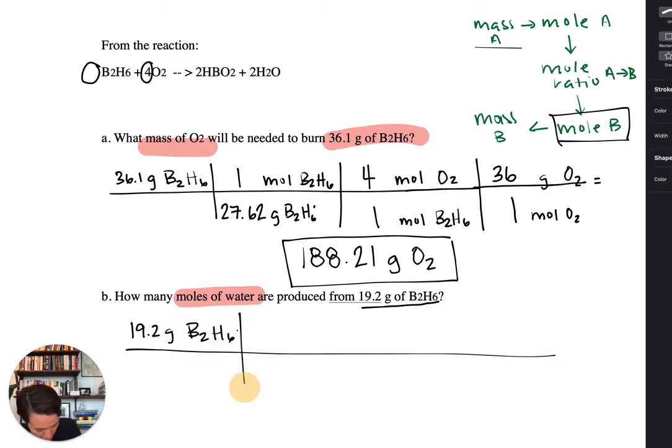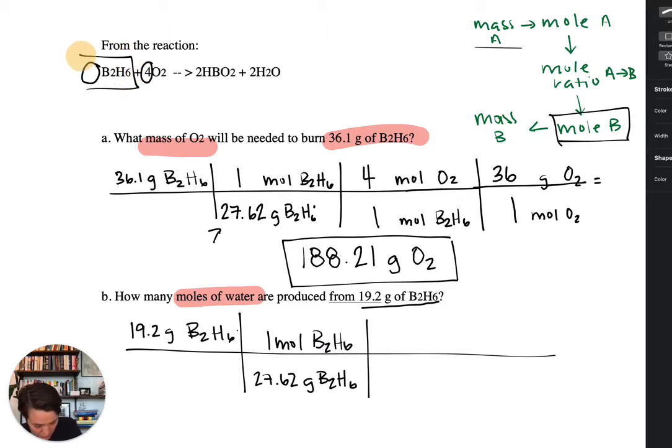And now we'll do it stepwise, right? So we know from solving this problem that there's 27.62 grams of B2H6 in every 1 mole. And now we are looking at the relationship between B2H6 and water.